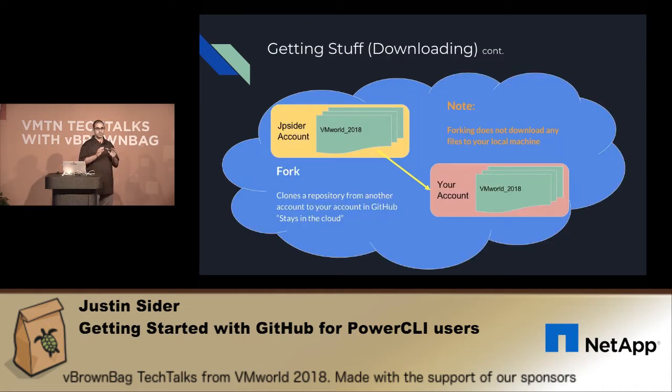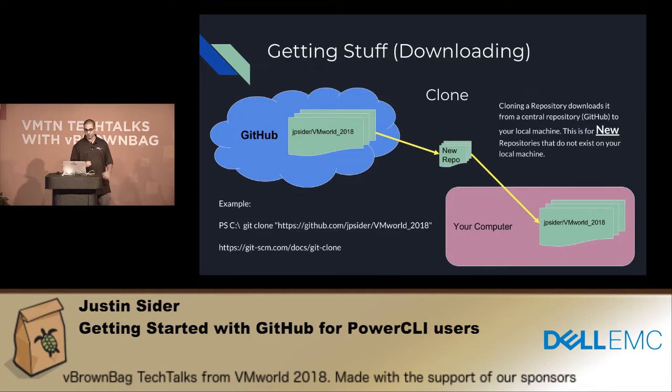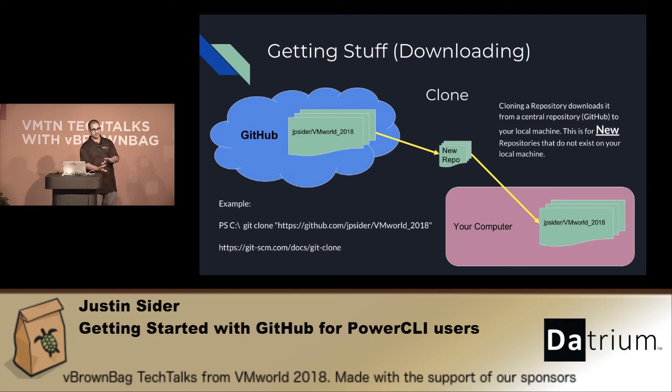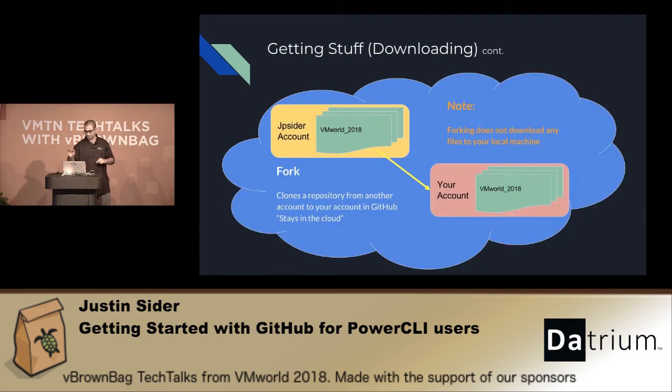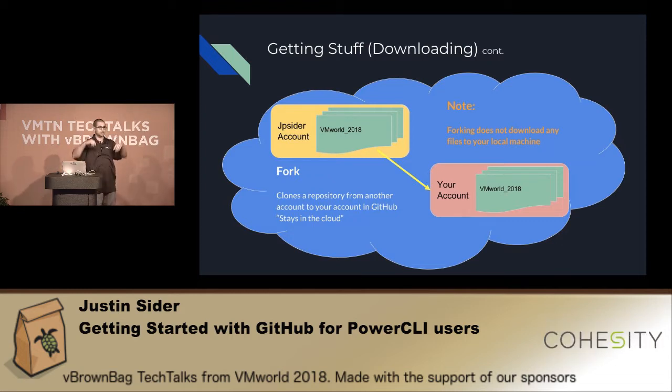All right, a fork. Notice I'm still within the cloud. Here I have the cloud and my desktop, and I'm pulling stuff from the cloud to my desktop, a big move. When you're forking, everything stays up in GitHub or GitLab, whatever it is. Basically you're saying, Dan, you have a repository, and I want to copy it, so I take it in GitHub and it goes straight over to me.